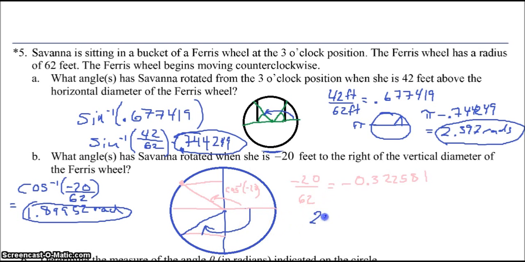So if we just take 2 pi all the way around and subtract 1.89952 radians, we'll get the other angle that we're looking for. 4.38367 radians.